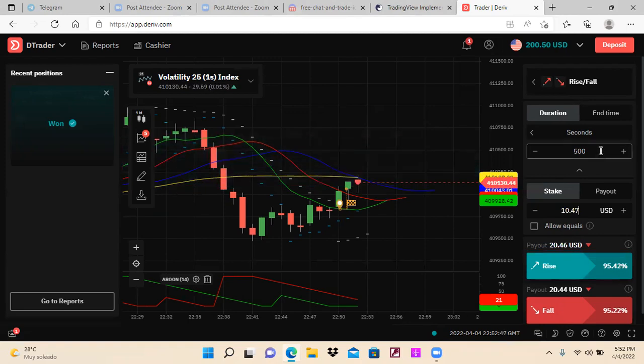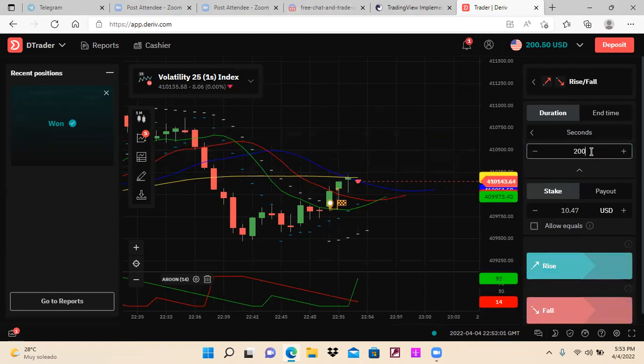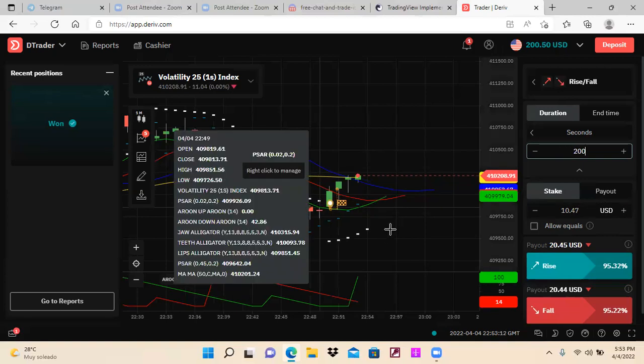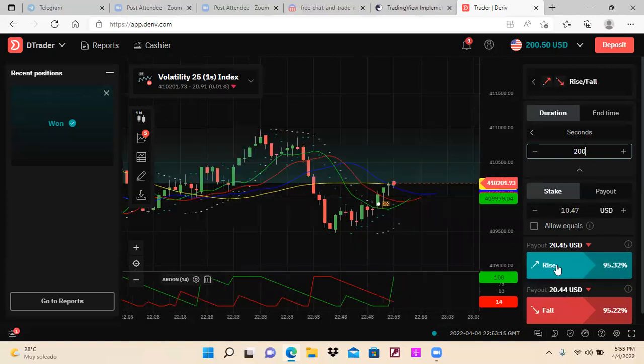Okay, so now what we can do, because we're steadily climbing, we were at 1,000 seconds. Now we're at 500. What we can do is scale it down to 200, because we're getting closer and closer to the target for the day, which is 12. So now we're gonna enter this trade again for a buy, for a rise.